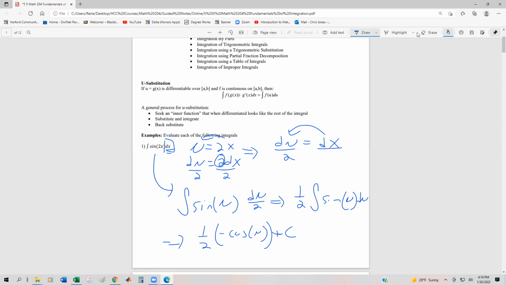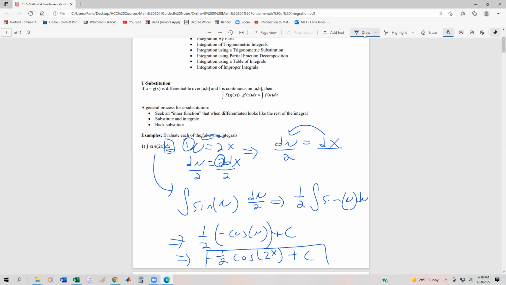The last step is to back substitute in terms of x. So we make this negative 1/2 cos of 2x plus c, and that's going to be our antiderivative. All right, so let's go back through the steps again.